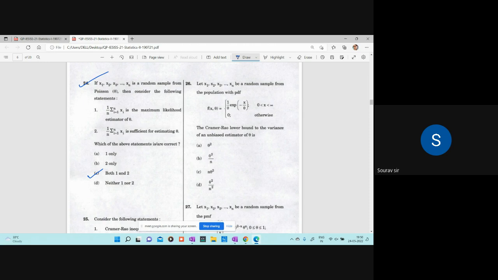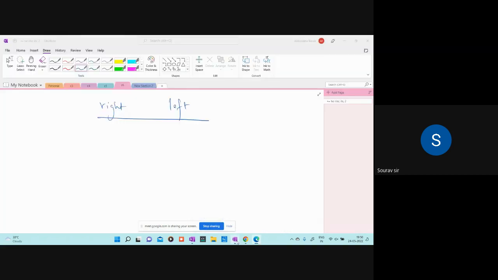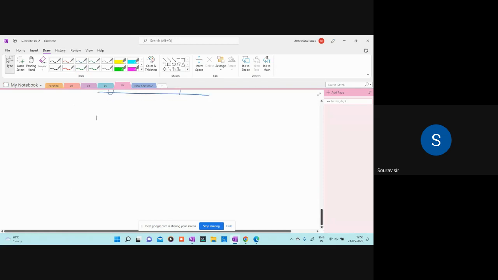I'm not getting it, ma'am. Not getting? It's given x1, x2, xn follow some fx, which is 1 by theta into e to the power minus x by theta. Am I right?